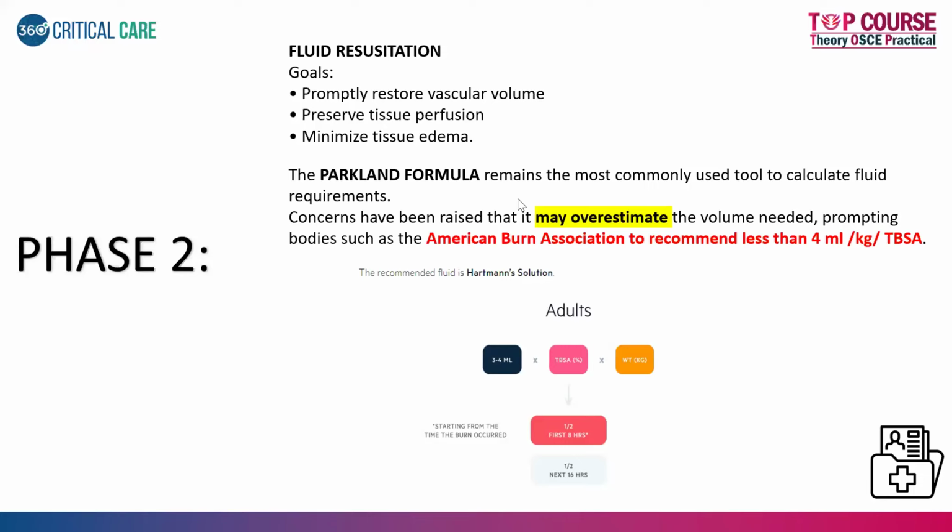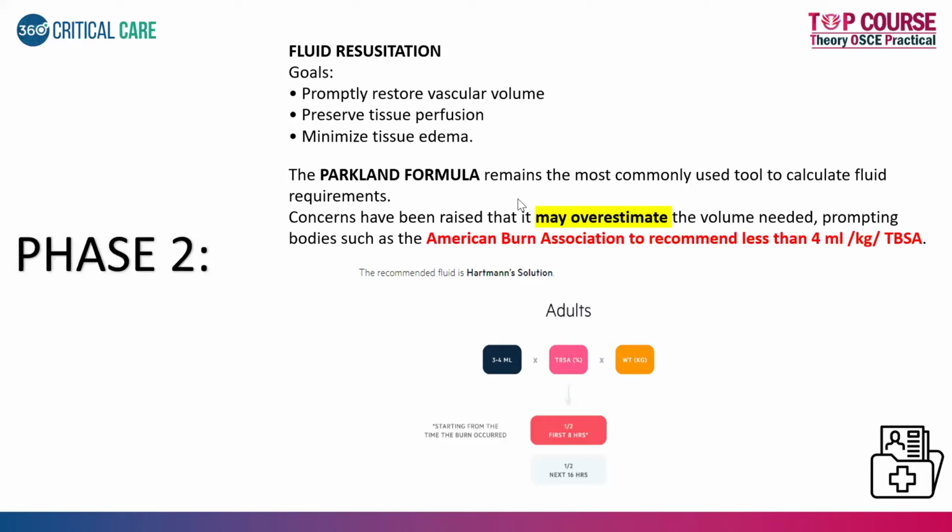The Parkland formula is the one which has been used worldwide and has a lot of evidence coming out based on this formula for a long time. It is also endorsed by the American Burn Association, but multiple trials in the longer run have suggested we use fluid less than 4 ml per kg per total body surface area.